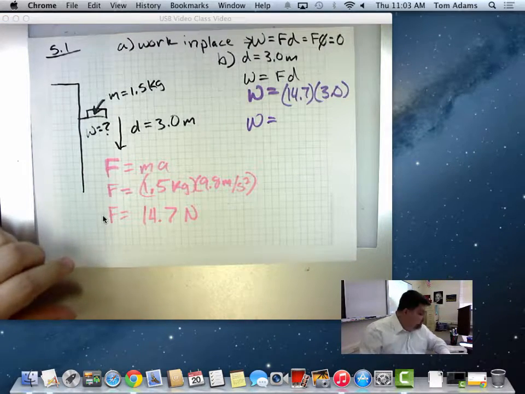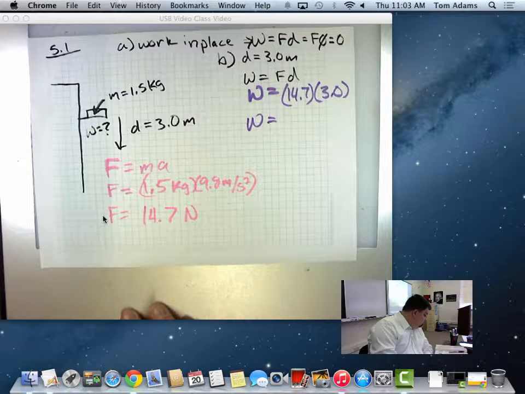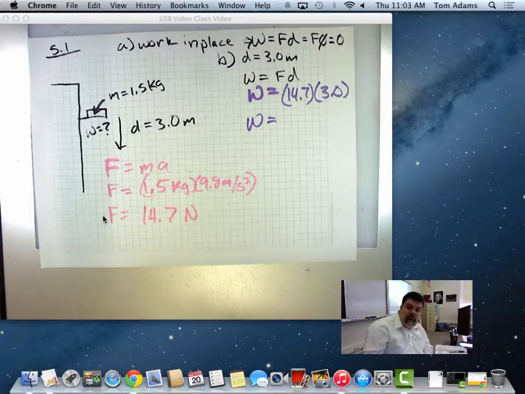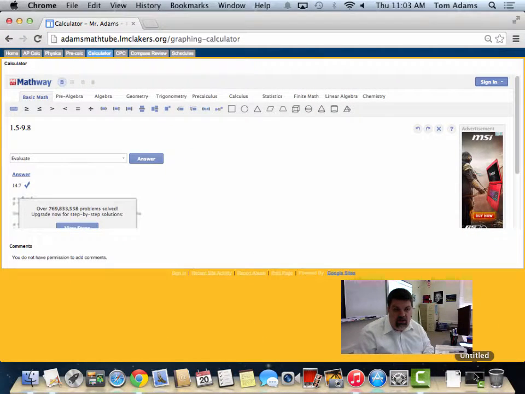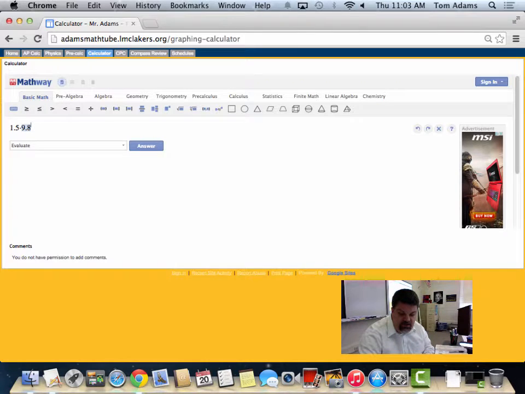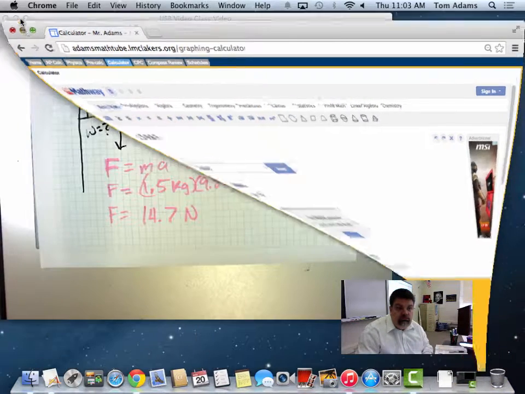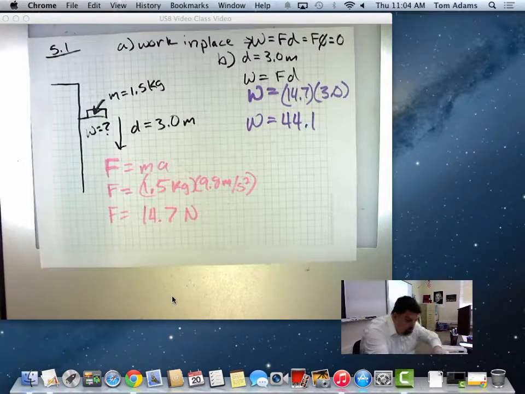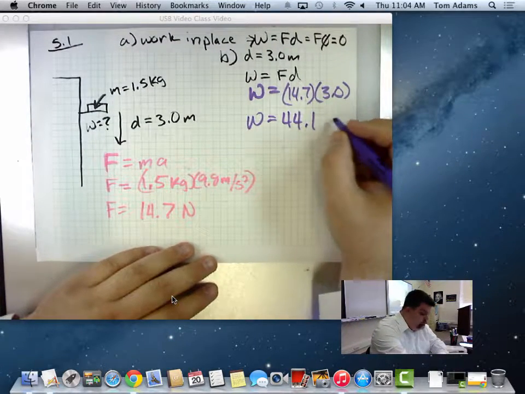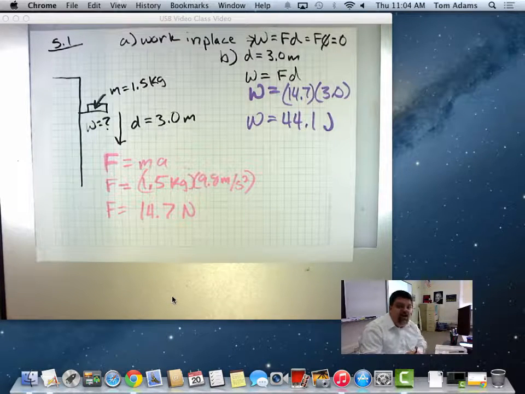So if I evaluate that, 14.7 times 3 meters displacement, I get 44.1. Is that right? What is the SI unit for work? Joules. You guys see how I did that? Yes. Okay, that's that question.